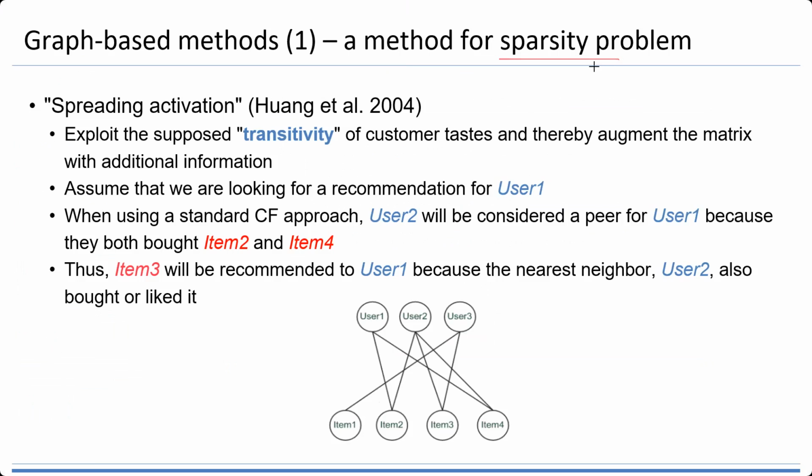There are many reasons for that. To handle this kind of sparsity problem, there is another method. They call it spreading activation.